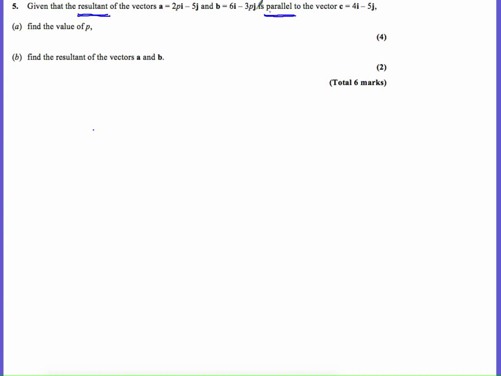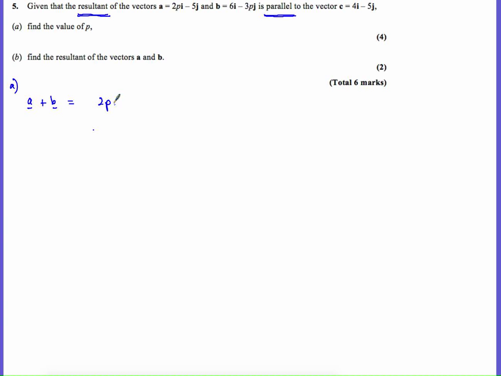So actually the method I used when I was solving these is pretty clunky, but a couple of you did a really nice method of solving this. I'm actually going to share that with you. So a plus b, let's find the resultant of vector a plus vector b to start with. So I need to add my i's together.